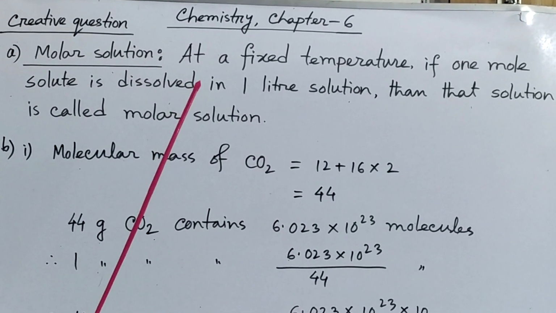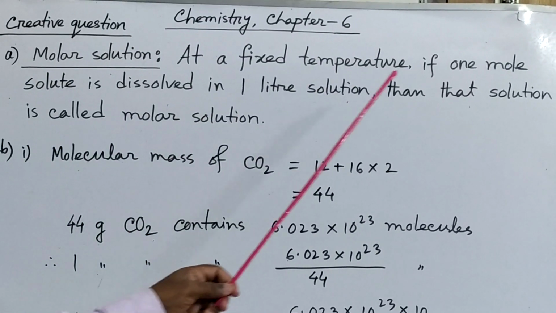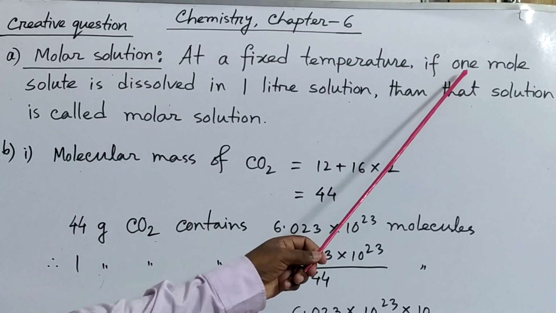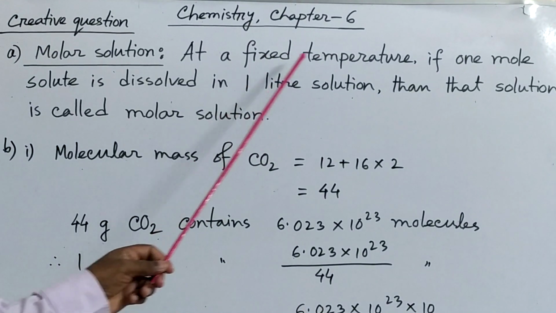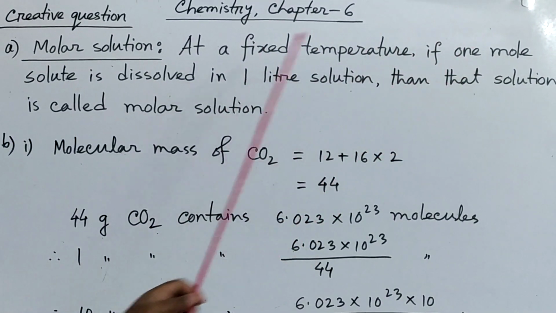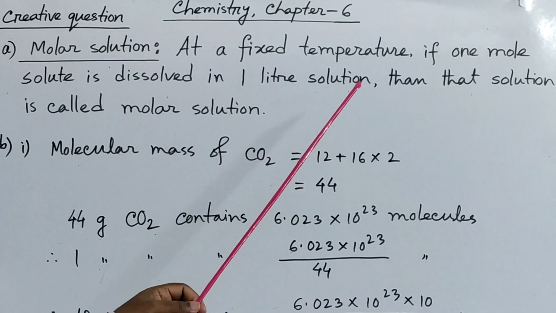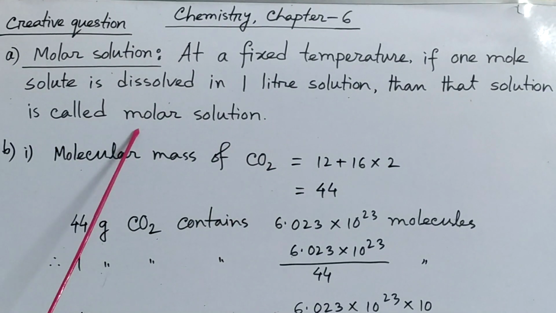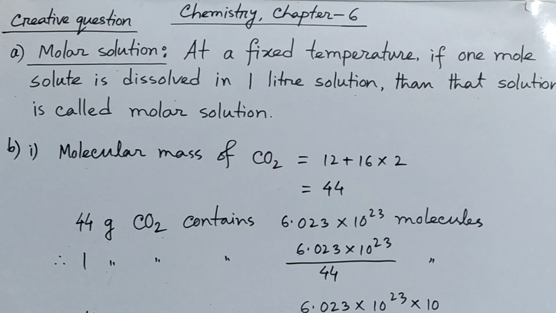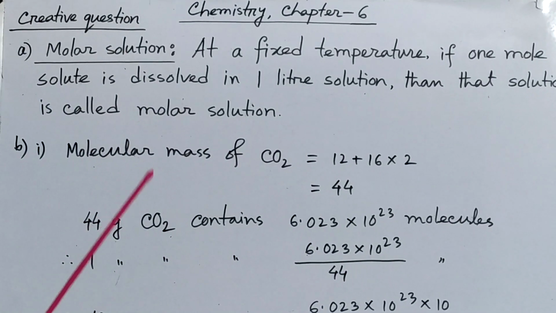So in case of decimolar solution, it will be 0.1 mole. So you will write at a fixed temperature, if 0.1 mole solute is dissolved in 1 liter solution, then that solution is called decimolar solution. Okay, then what is the molarity of solution?